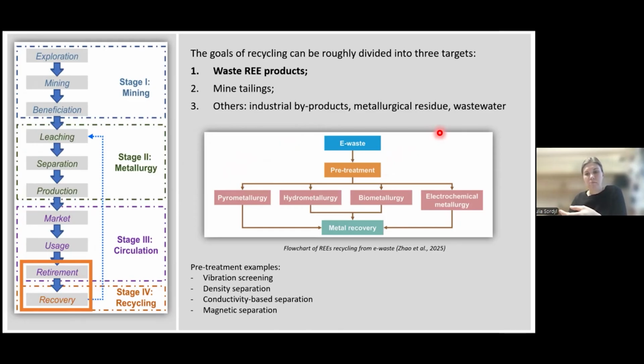And basically then, since chemical properties of REs remain unchanged in the initial ore, tailings, or in the e-waste, they can circulate back to the metallurgical process. So hydrometallurgy can be used. There are some attempts of pyrometallurgy, biometallurgy, or electrochemical metallurgy. It's all to finally get a metal recovered and hopefully introduced to the market again.